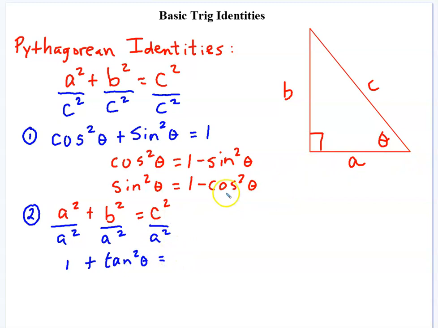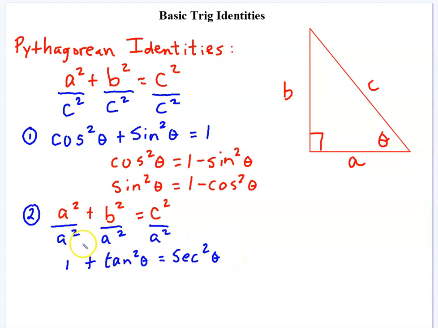And then the side C, which is the hypotenuse divided by A, that's the reciprocal of cosine. Cosine is adjacent over hypotenuse. Well, this is the flip of that. This is hypotenuse over adjacent squared. So the reciprocal function for cosine is called secant, and it would be squared.